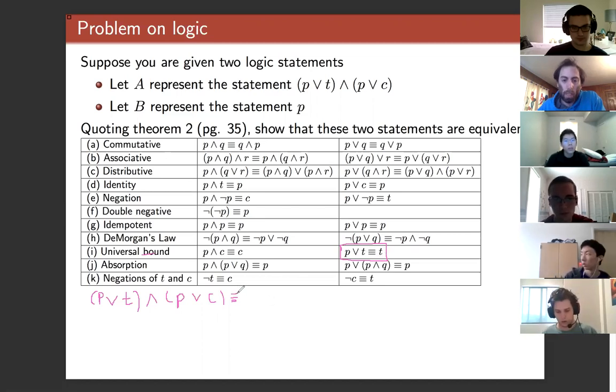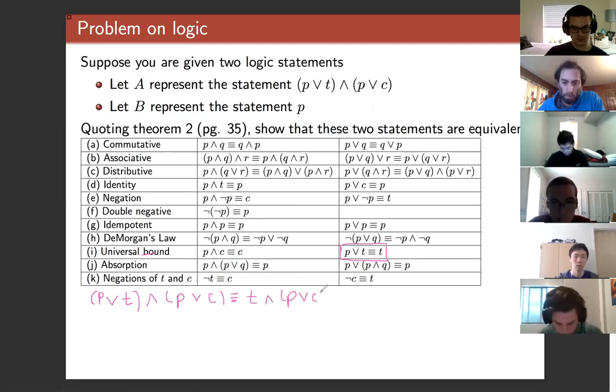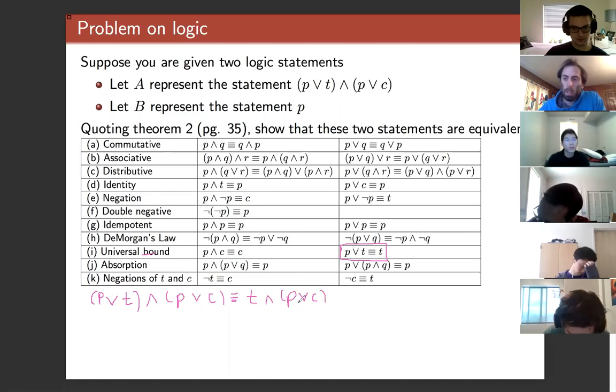Okay, so that means we can rewrite this statement as T, the tautology, and P or the contradiction. All right. And then let's do this again.